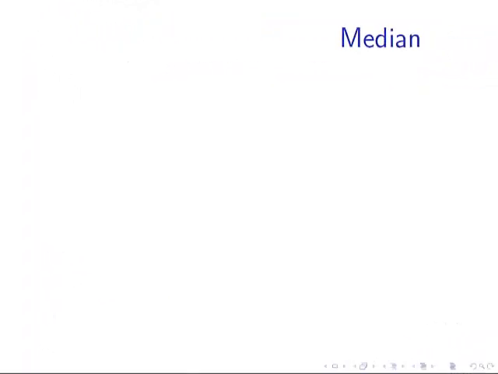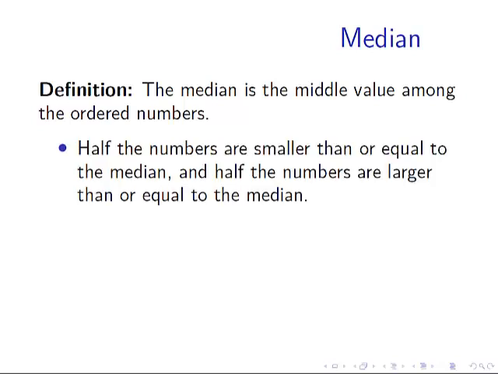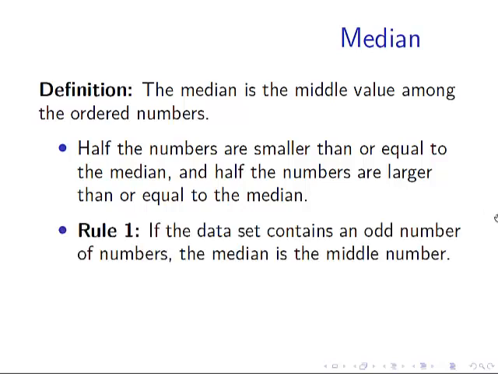Median is the second measure of central tendency. Median is the middle value among the ordered numbers. What does it mean? It means that if you have ordered numbers and you find the median, half of the numbers are smaller than or equal to the median, and half of the numbers are larger than or equal to it. In the process of finding the median, we must consider two possibilities.